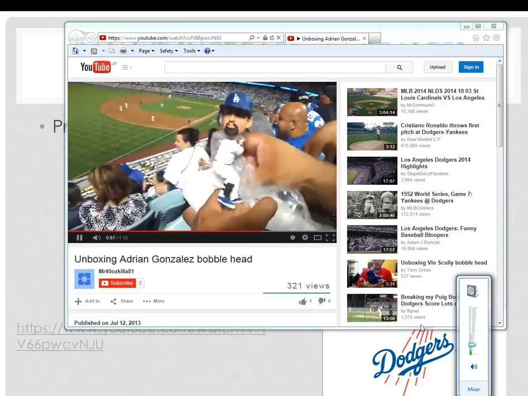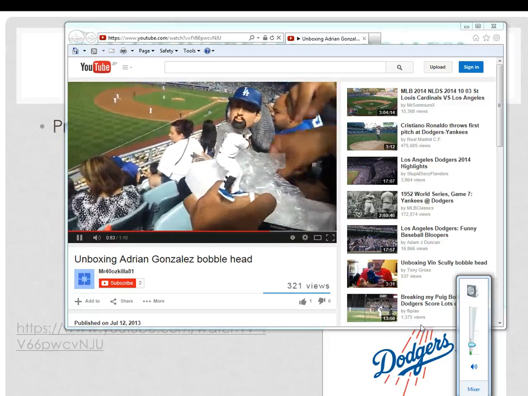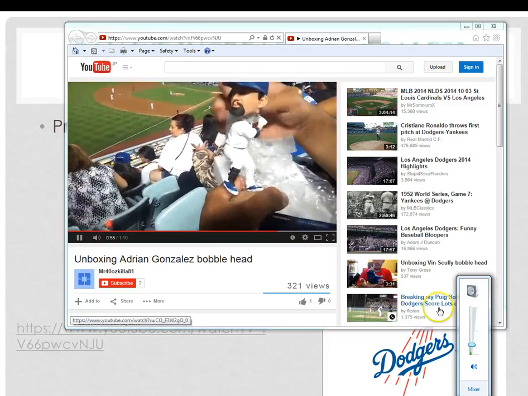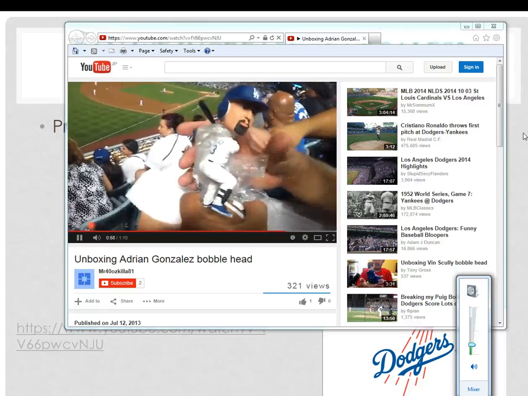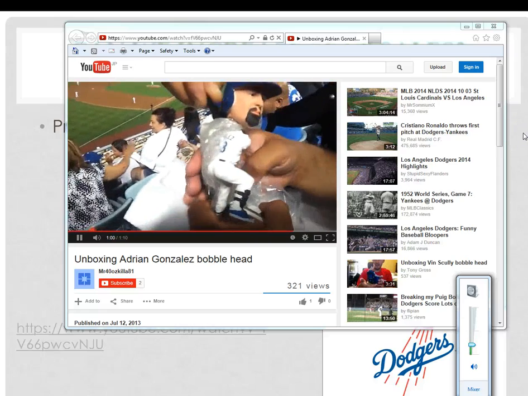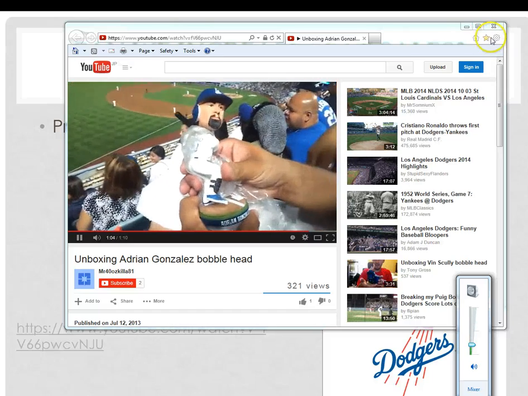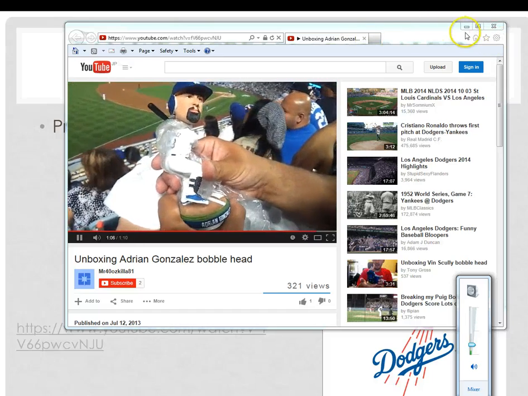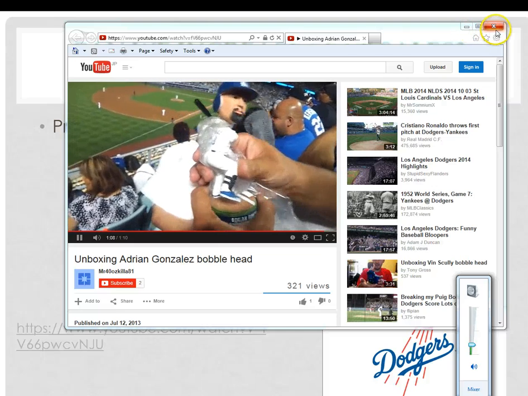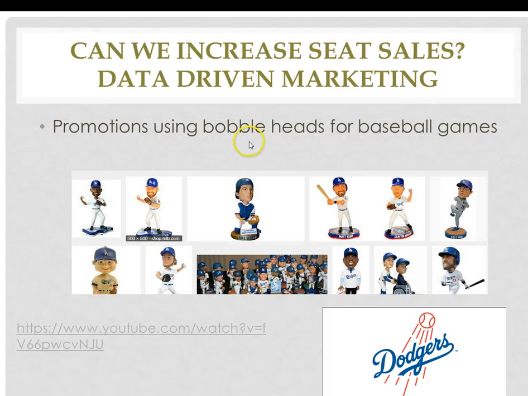And this is Adrian Gonzalez, who I guess is a big star in baseball. Okay? So that is the bobblehead. There he is. Promotions using bobbleheads for baseball games.